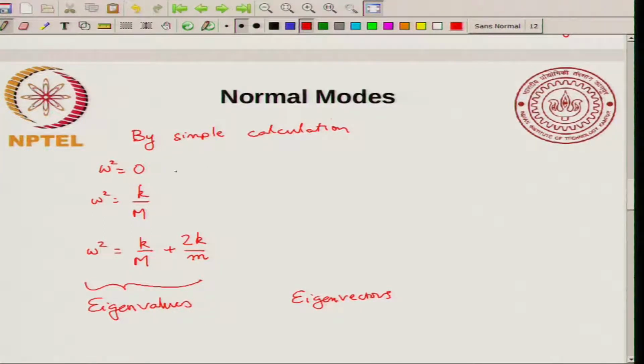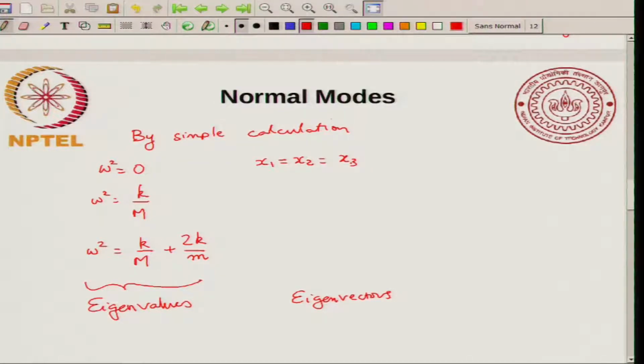For omega square equal to 0, your eigenvector will basically have x1 equal to x2 equal to x3. Remember, you can take any value for x1, x2, x3, but they should be the same, because eigenvectors can only be determined up to a constant, they cannot be uniquely determined.